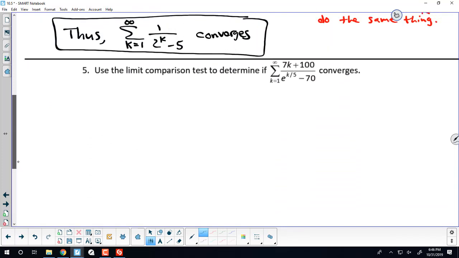So then, let me skip up here. Then example 5, he says use the limit comparison test to determine if that series converges. So what would we choose then as our B?